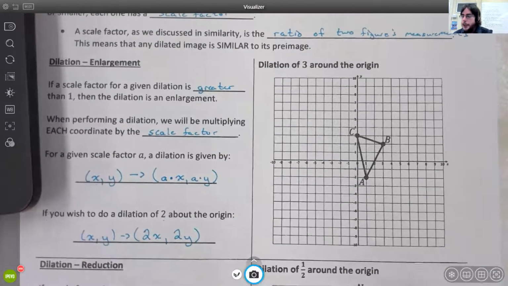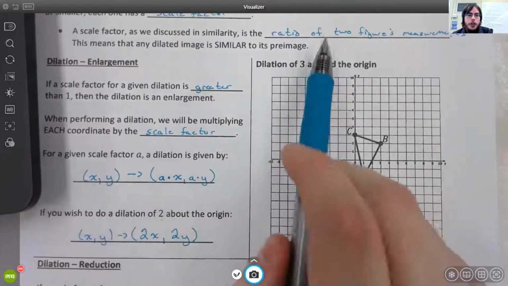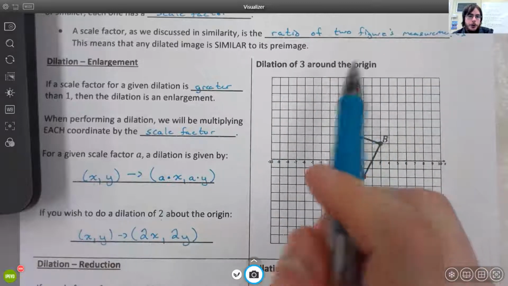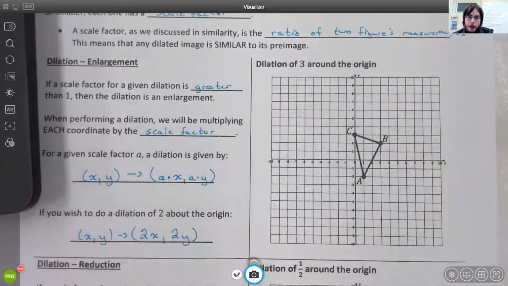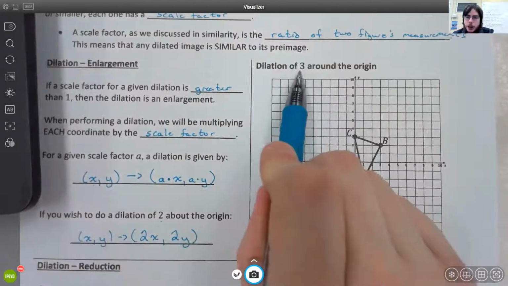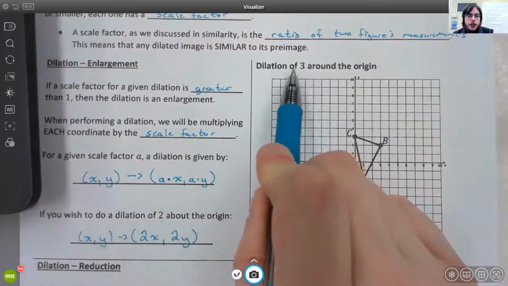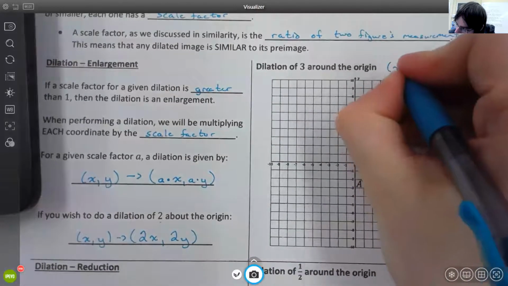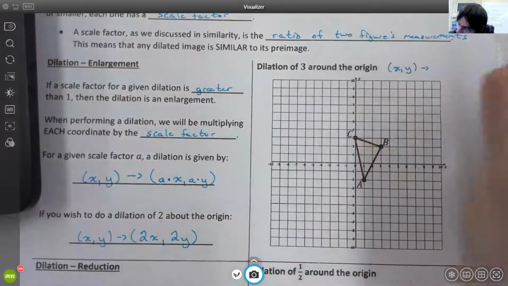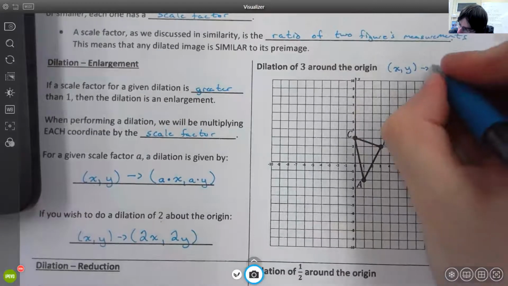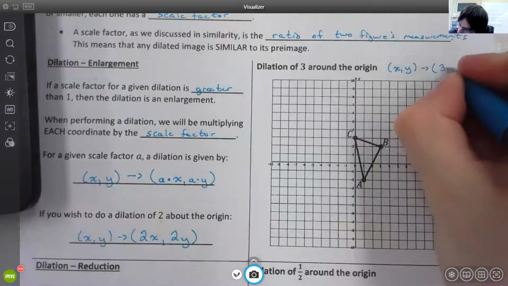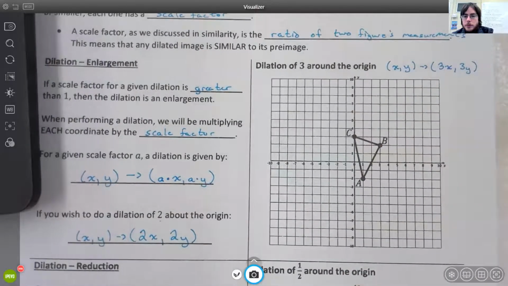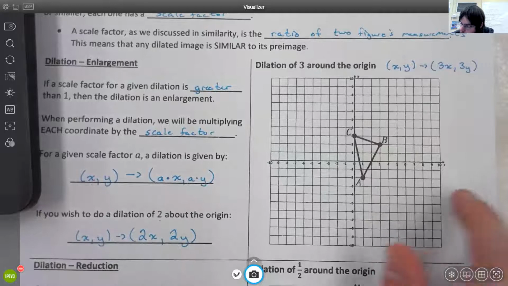So let's look at an example of an enlargement. Here we're doing a dilation of 3 around the origin, or about the origin. They all mean the same thing. With a dilation of 3, our scale factor is 3, and our mapping rule would be (x, y) maps to (3x, 3y). So we write our points.